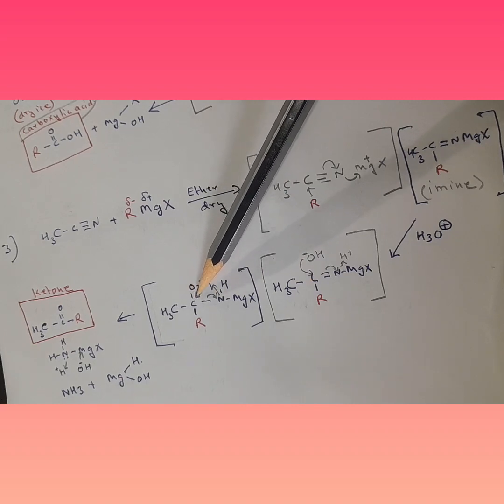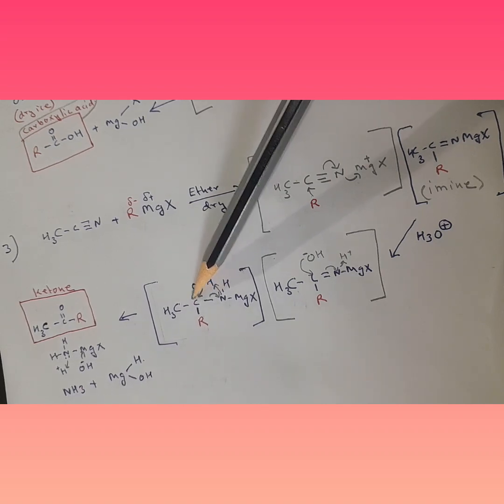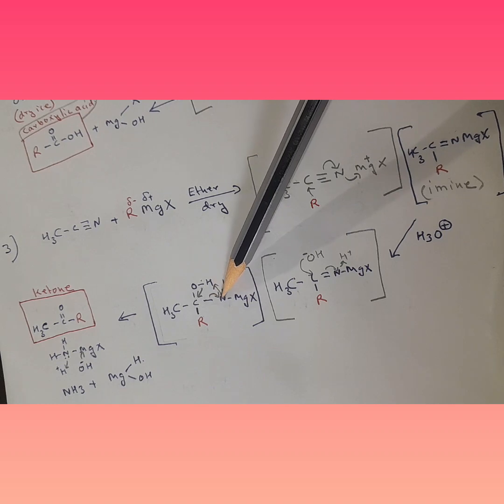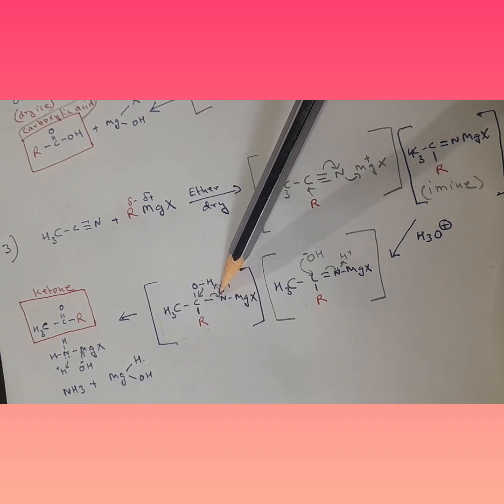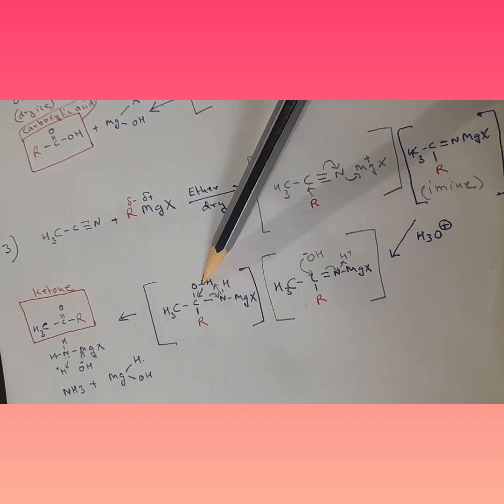Now the bond shifts over carbon, and this bond shifts over nitrogen, so nitrogen gets negative charge, and that picks up this hydrogen. Alright, so cycle. Now this goes there, converting this into carbonyl.